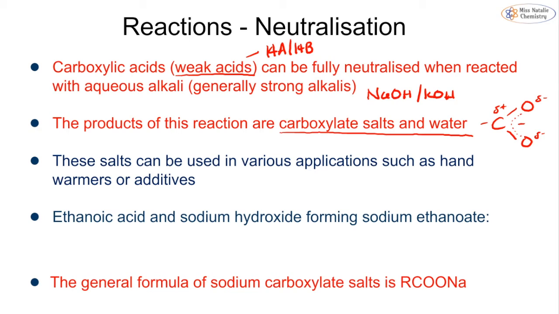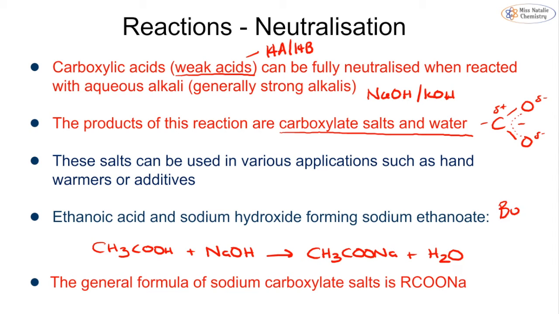And these salts can be used in various different applications. So the best example we can give is ethanoic acid, CH3COOH plus sodium hydroxide, and that is going to react to form the sodium ethanoate plus water.